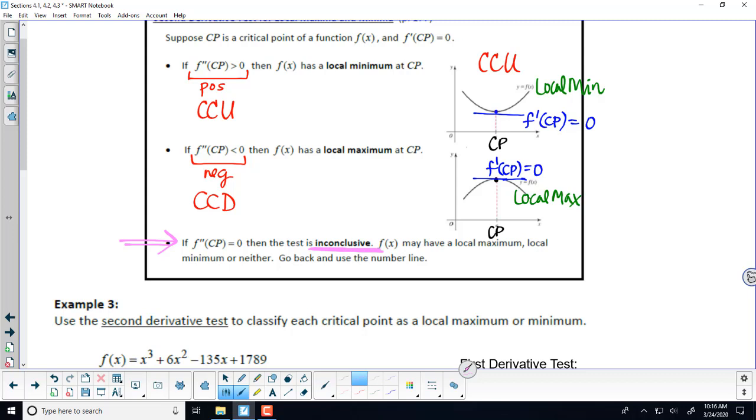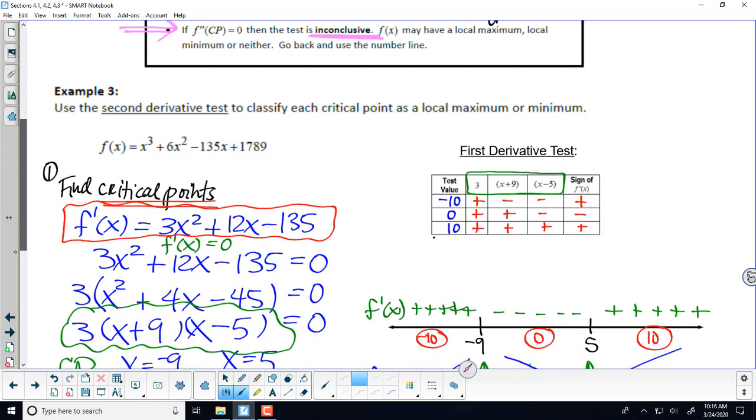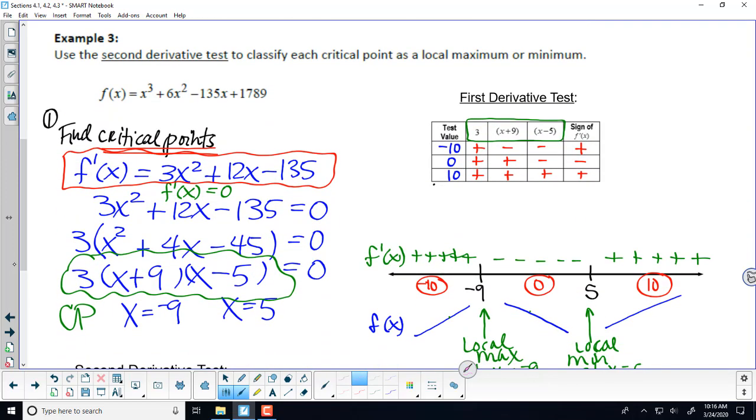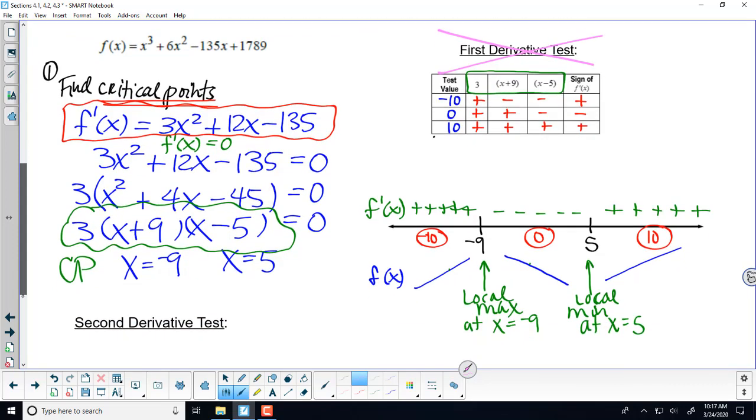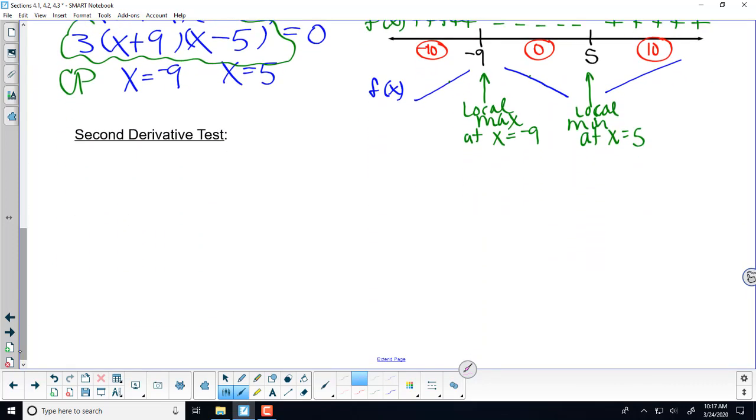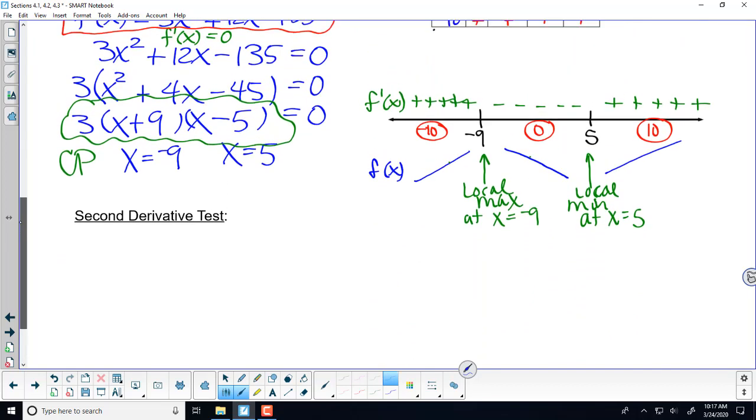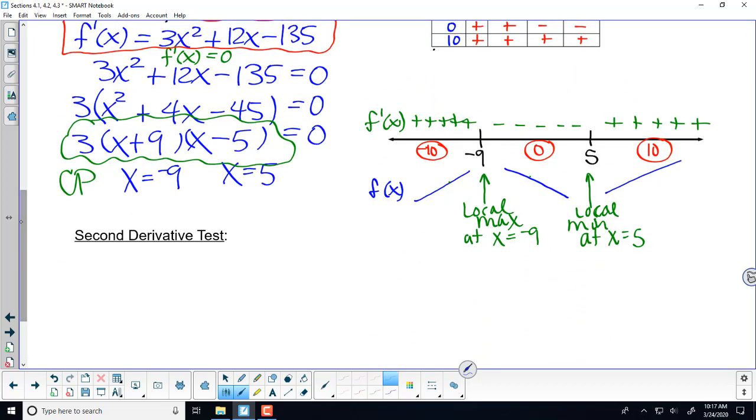I don't know if it has a local max, min, or neither. I would have to go back and use that number line. So the idea is I could go back to my original question without doing the first derivative test. I can go straight to the second derivative test and see if it will work. Okay? So the second derivative test relies on the fact that we have the first derivative.